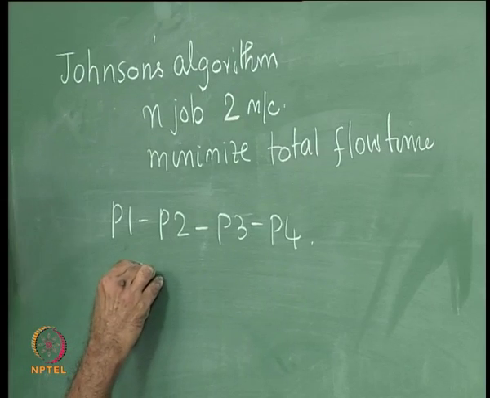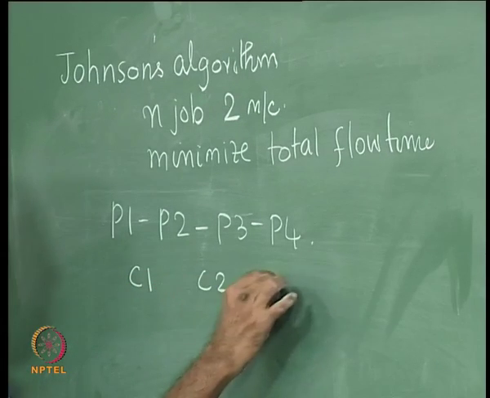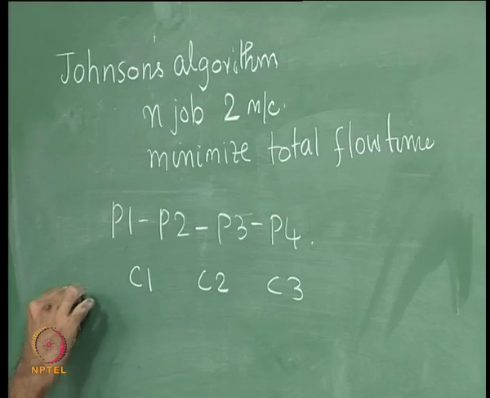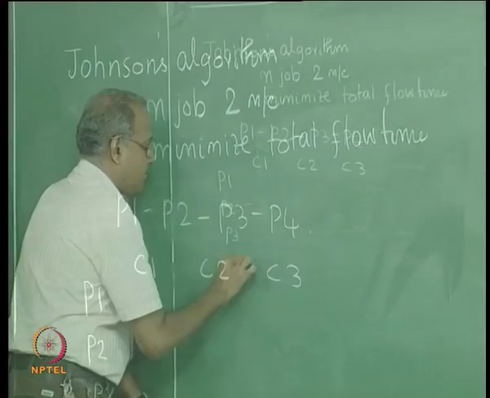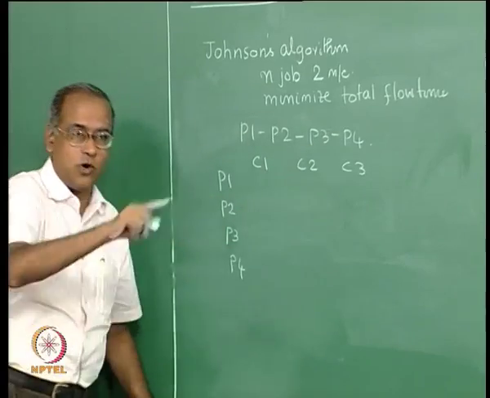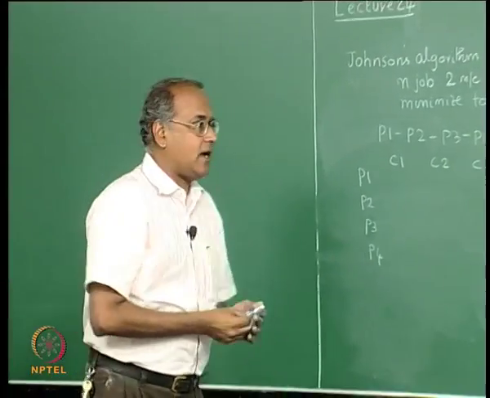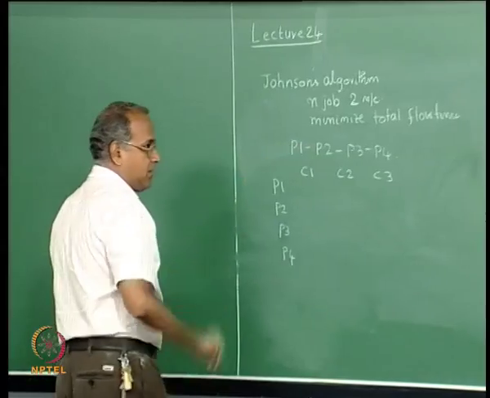So, we have cell 1 or M1, M2, M3, and then if we do P1, P2, P3, P4, if the sequence is known, let us quickly do the computation for the second problem.